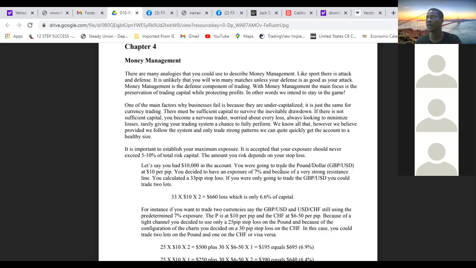So it's good to have money management in place, because you don't know which trade will be a winning trade and which one is going to be a losing trade. So you need to put money management in place in such a way that when you have a losing trade, it is a small loss, and when you have a winning trade, it is a big win for you.